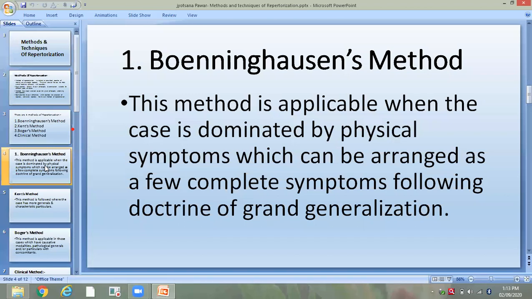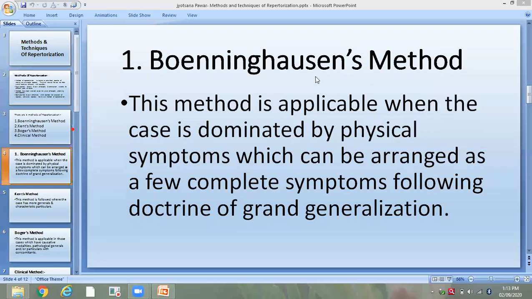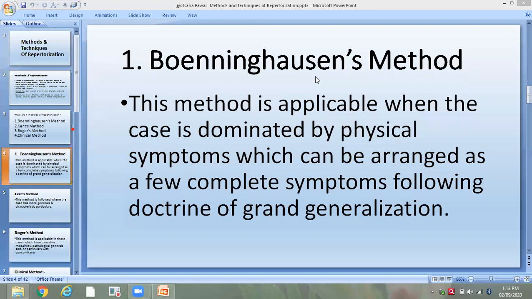When we cannot find the modalities separately for each symptom, we can consider the modality of one part as the whole person's modality, considering the man as a whole. At that time we grand generalize the symptoms, and we are not considering just one part or one body part. This is the philosophy of Dr. Boenninghausen, and his repertories are based on the same philosophy.